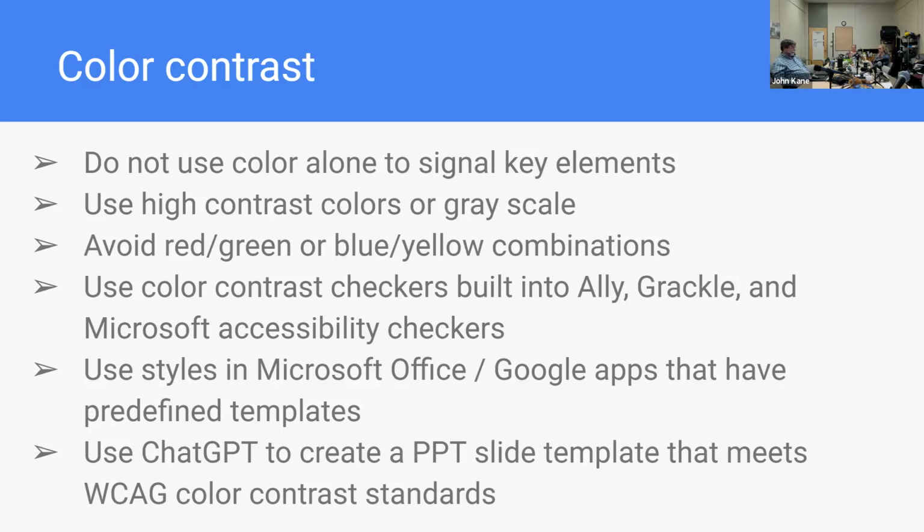Basically, it takes the color contrast between the background and the foreground color, and it does that with different standards for large and small text. But there are so many good styles out there now, this is probably less of an issue, and as long as you're using the styles and you check those, you should be fine.